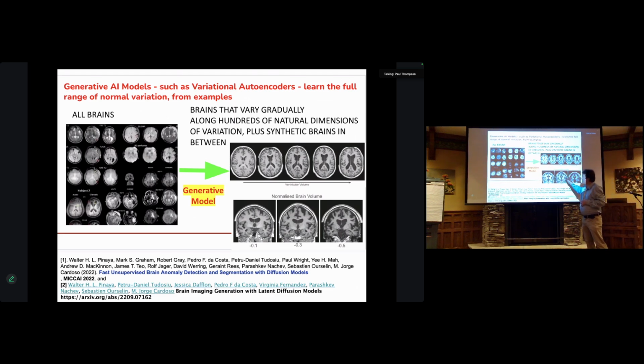You can now sample from that latent space and use the trained decoder to make a brain with a normalized brain volume of a prescribed value. And Walter Pinaya's paper takes you through the steps. And he provides code. So what's nice about this is your students can download the code, play with it, train it on new data. This is trained on UK data, which is really good data.